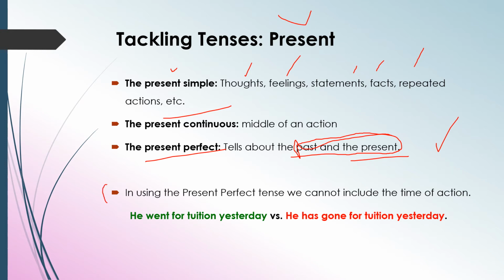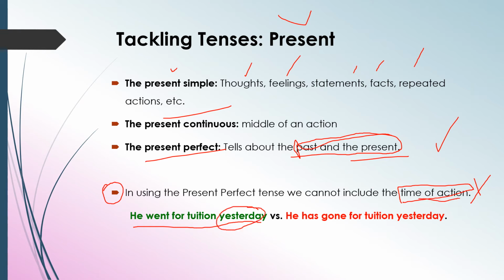And one important tip to remember while we will be using the present perfect tense: we cannot include the time of action. We cannot do that during our use of the present perfect form.